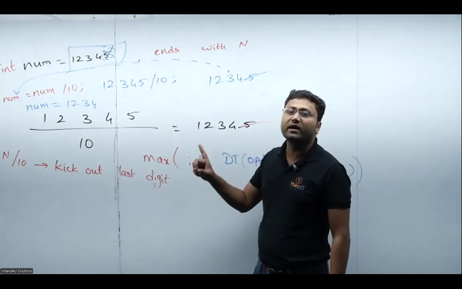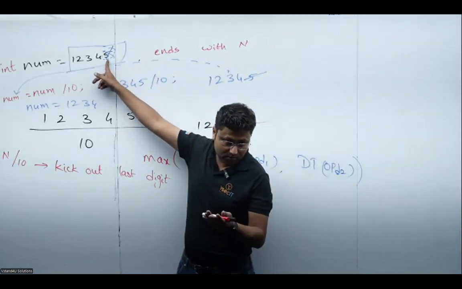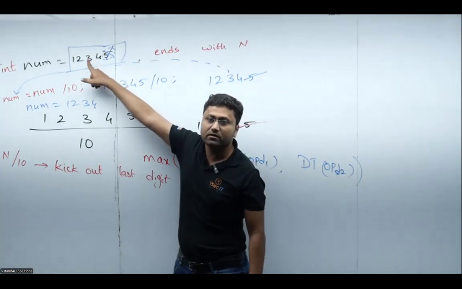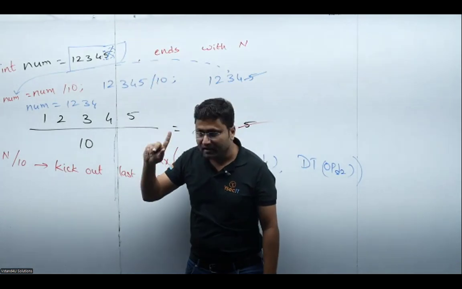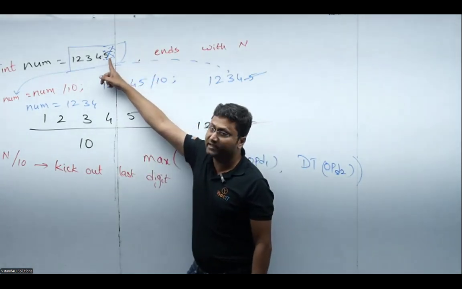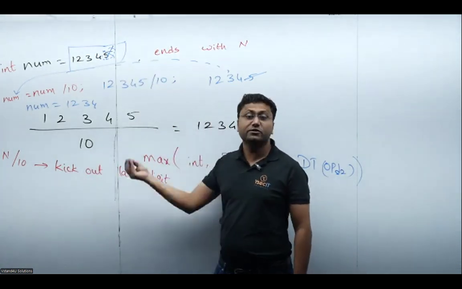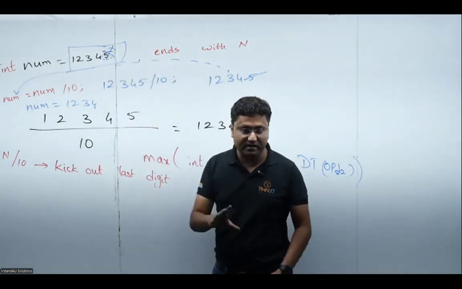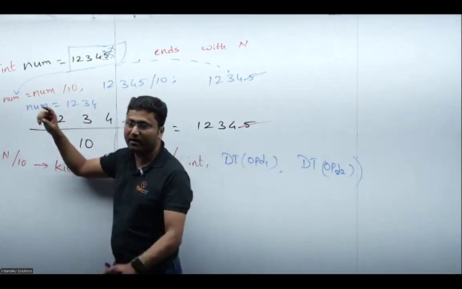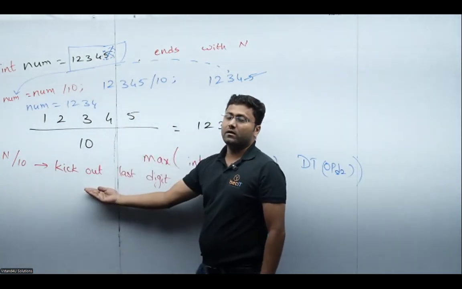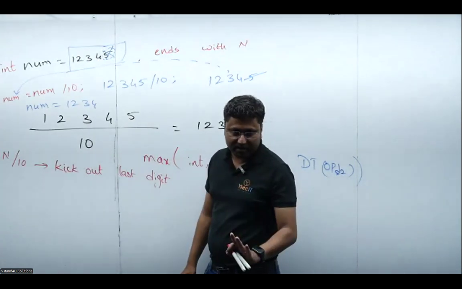If you want to kick out the last digit, meaning the unit place digit, you know, unit, tenth place, hundredth place, and so on moving forward. Clear? If I want to kick out the unit place digit, then divide that number by 10 and store into that same number. Two parts are there. Just by dividing, nothing happens. Divide by 10 and store into the same number. Then you say, kick out the last digit. Agree? Am I clear with this much part?